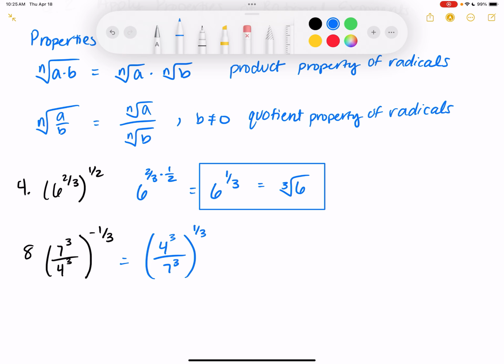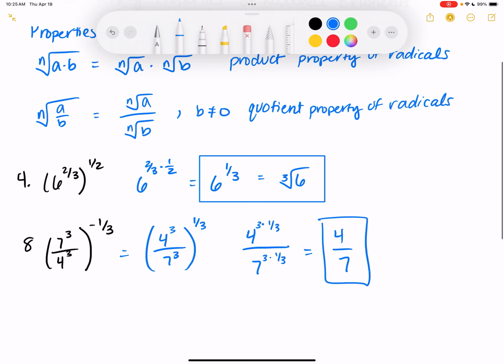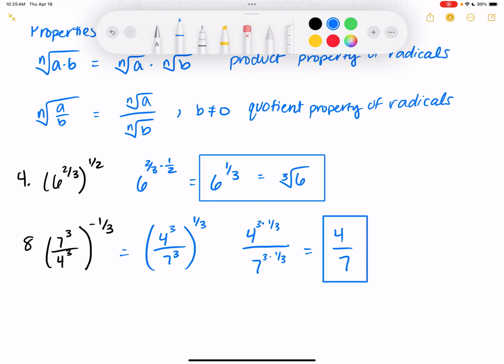So this would be 4 to the 3 times 1/3, and again, you wouldn't have to write this step, and then 7 cubed times 1/3, which ends up giving me 4 over 7, because the 3's cancel. So it's basically the same stuff that we had done with normal exponents. It's just now we have rational exponents involved.